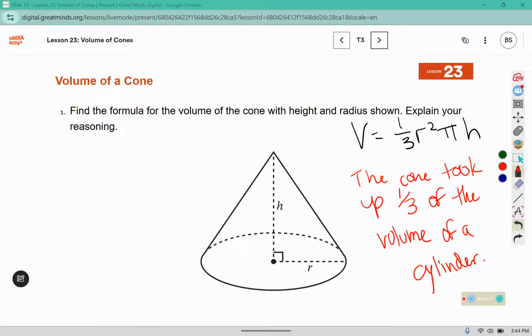It's similar to how the pyramid took up a third of the volume of a prism. The cone takes up a third of the volume of a cylinder.